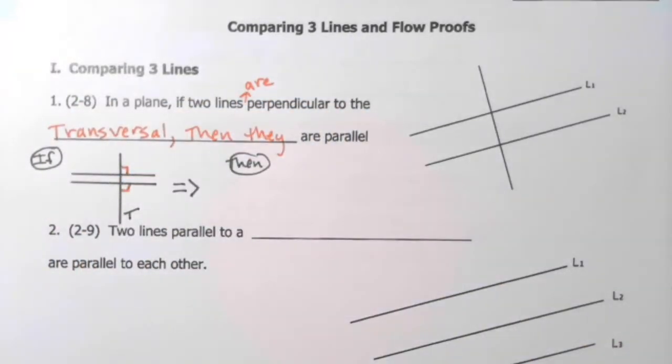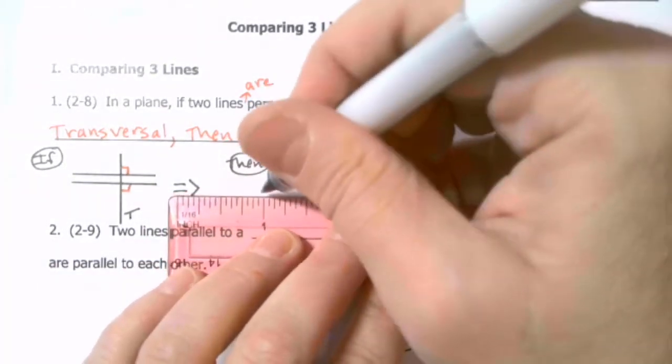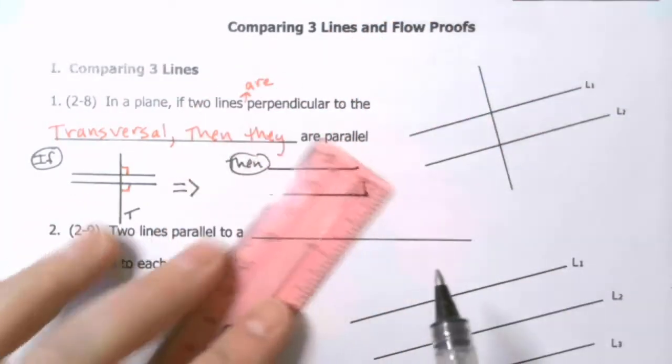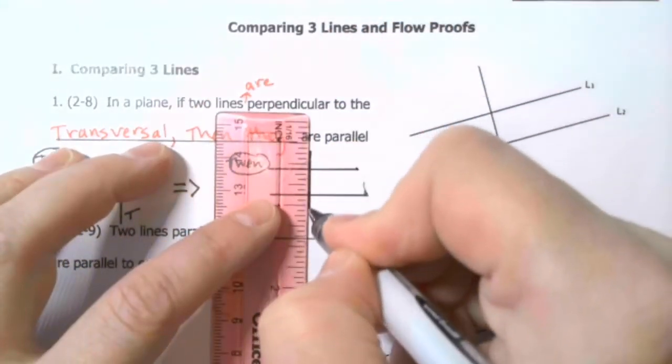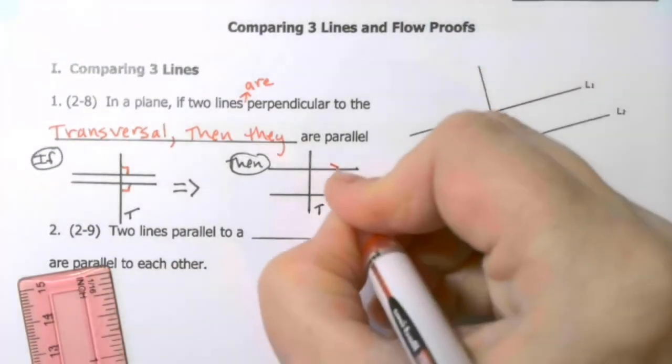So we know that two lines are perpendicular to the transversal. What do we get out of it? Well, if they are both perpendicular to the transversal, then we know that they have to be parallel to each other.